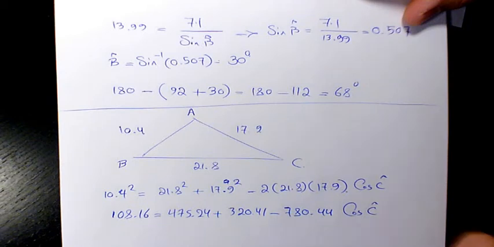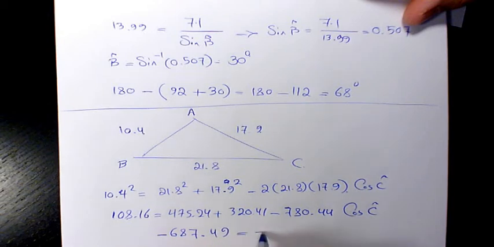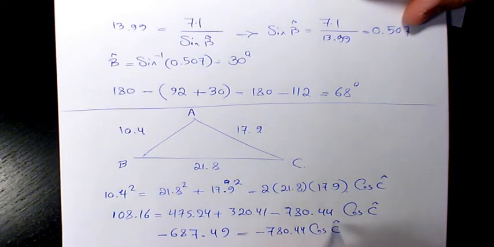So that's going to be 108.16 minus 475.24 minus 320.41, which is negative 687.49, equals negative 780.44 cosine C. So cosine C is going to be 687.49 divided by 780.44.